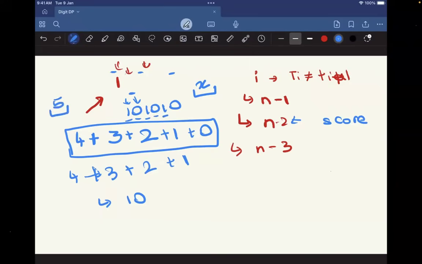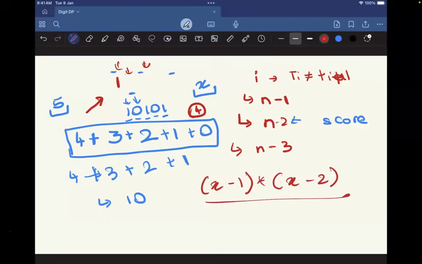But when I remove one, the valid indices become 4, okay? So now, if I have the number of valid indices, the answer is just x minus 1 into x minus 2 divided by 2. Yes or no, guys?